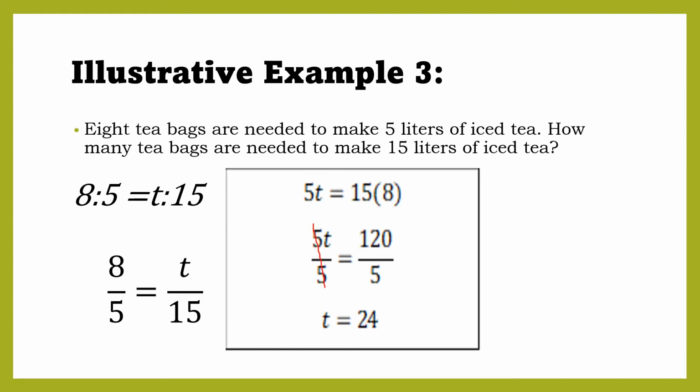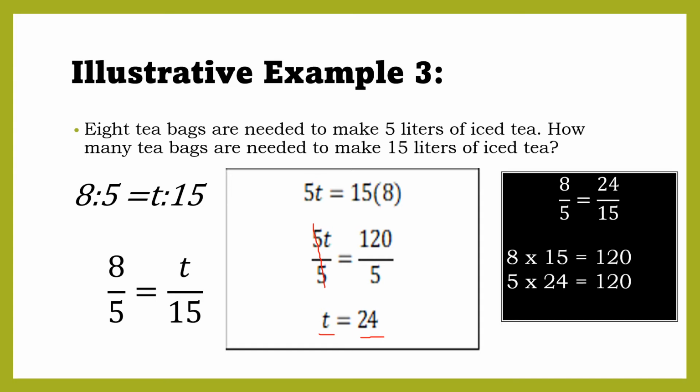So, 5T divided by 5, the remaining is T, and 120 divided by 5 is 24. Let's check. 8 over 5 is equal to 24 over 15. Let's see if these are already proportion. So 8 times 15 is 120, and 5 times 24 is 120. Thus, 24 tea bags are needed to make 15 liters of iced tea.